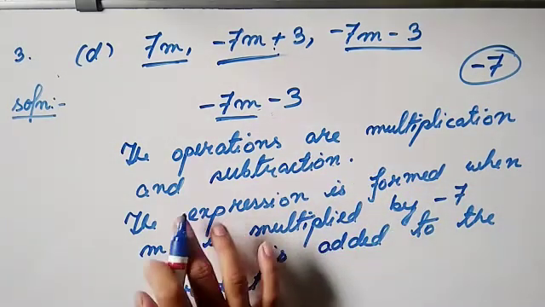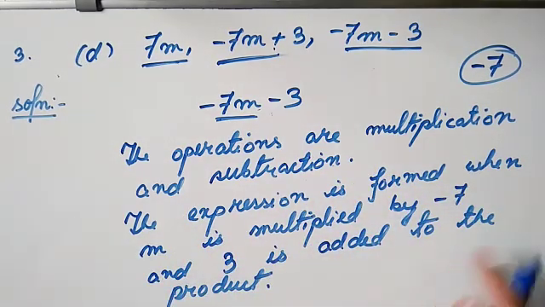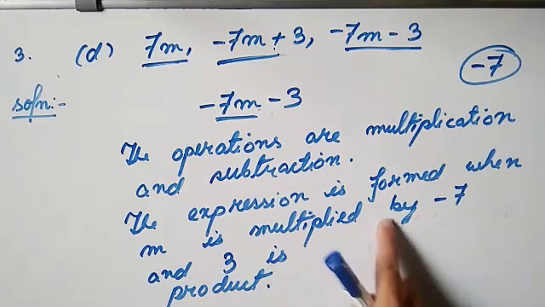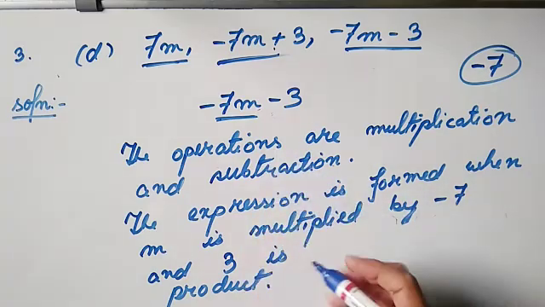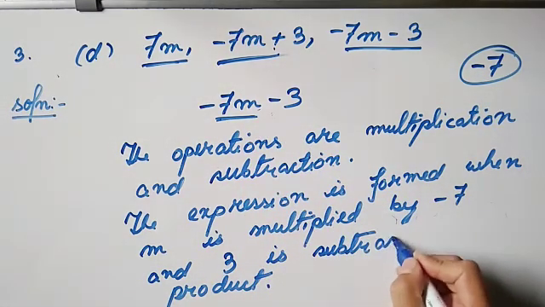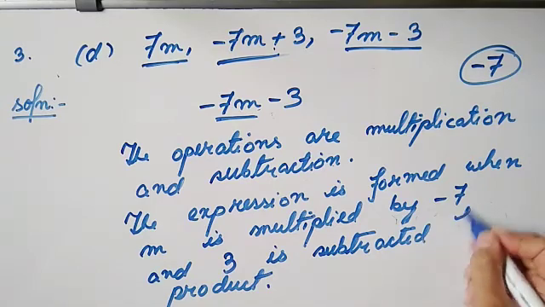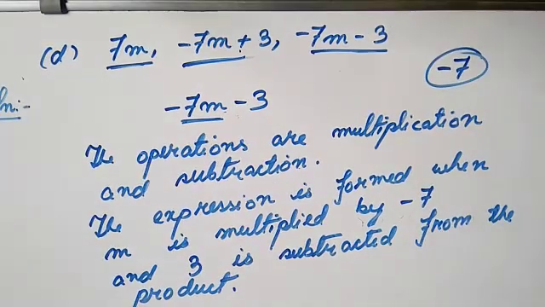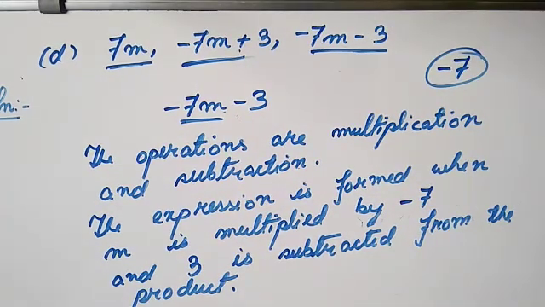Then the first part will remain the same, and instead of added to the product, you have to change it to: 3 is subtracted from the product.